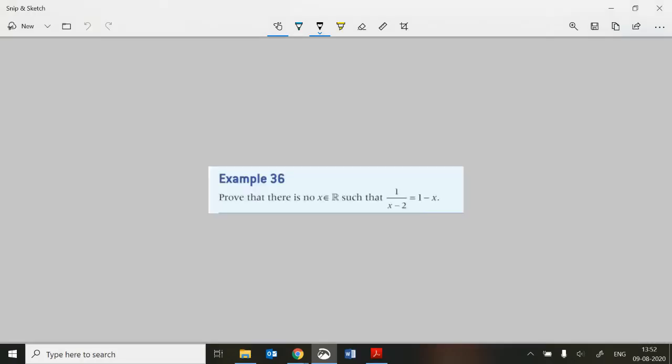Okay, so for 36, I was struggling really to get my head around what is A implies B here in the first case. But I guess I'm pretty much overthinking this again. This one says, prove that there is no x belonging to R such that this equation has a solution. So it's basically saying this equation doesn't have any real solutions.